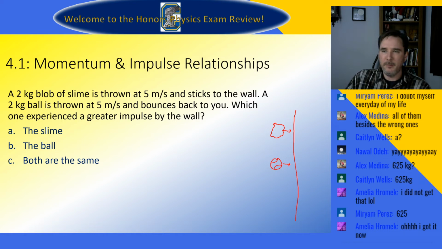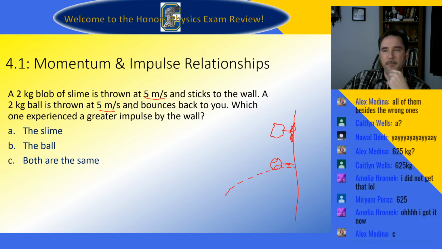The blob just kind of sticks to the wall, but the ball bounces back. Same mass, thrown at the same speed, 5 meters per second, but the ball bounces back.